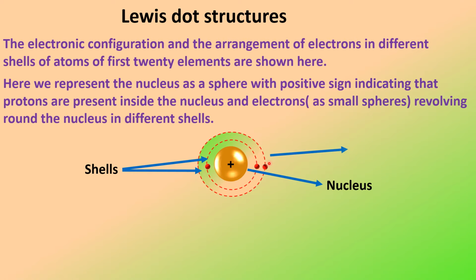This outer shell is called the valence shell, and the electron present in it is called a valence electron. In order to draw the Lewis dot structure, we need to know how many electrons are present in the valence shell, otherwise the outermost shell.